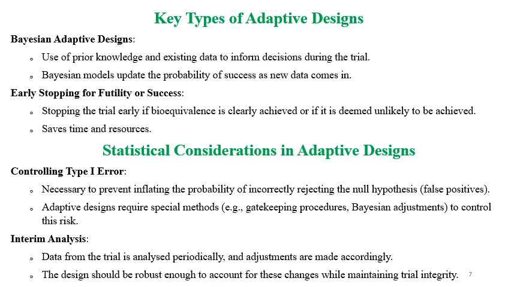So adaptive design with Bayesian provides you the information with prior knowledge and existing data for taking the decision during the study. Early stopping for success or failure or futility. Stopping the trial early if bioequivalence is clearly achieved or if it is deemed unlikely to be achieved.